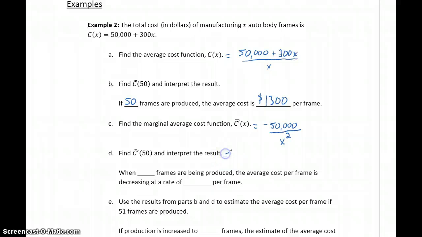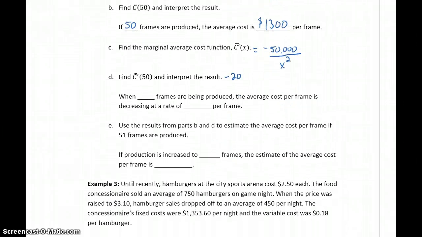So what this is telling us is that when 50 frames are being produced, the average cost per frame is decreasing, since that rate of change is negative. Average cost per frame is decreasing at a rate of $20 per frame. So as we increase production, average cost to produce each frame is actually decreasing.